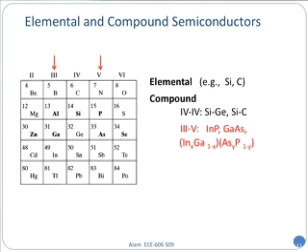Now, there are also materials, this you might know, from column 3 and column 5, like indium phosphide, gallium arsenide, and so on and so forth. Every time you talk on your phone, the optical fiber carries the signal, and the laser that sends the light through that optical fiber is made of indium phosphide.